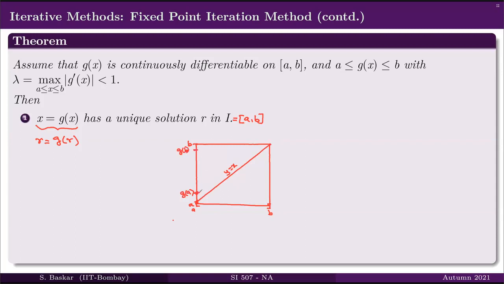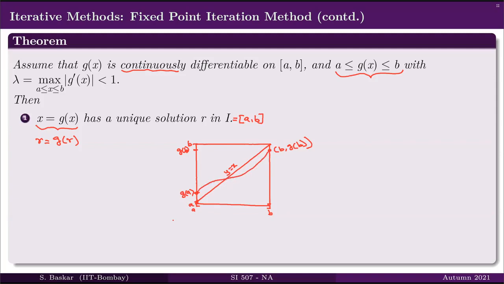It means this is your point (A, G of A), and say this is the point (B, G of B). Again, recall why we are restricting our values of G in this interval: because of the assumption that G is a self map. If that is so, and also given that G is continuous, its graph will be something like this. It will not surely have any jump in it.